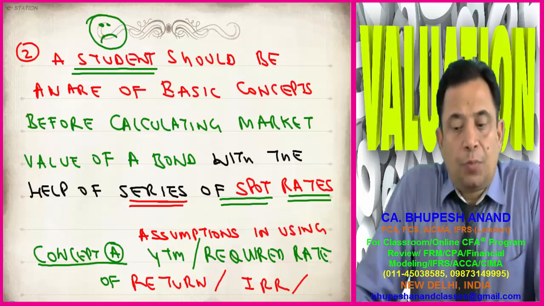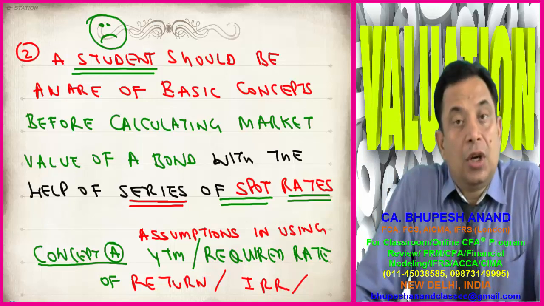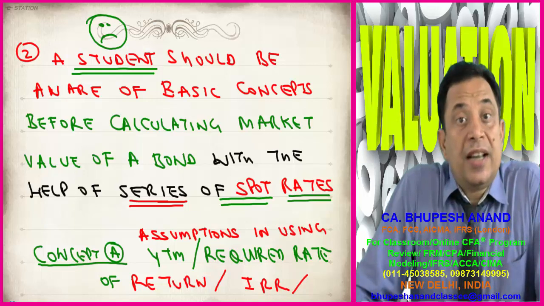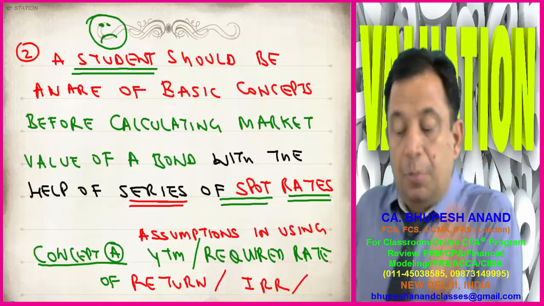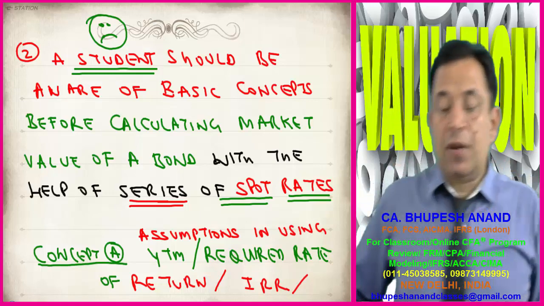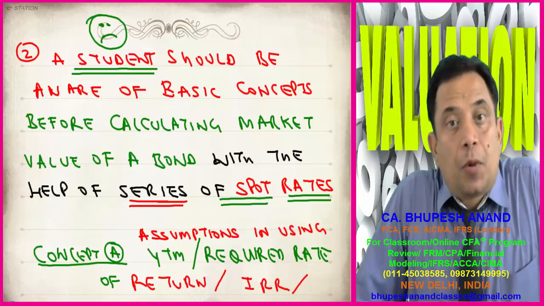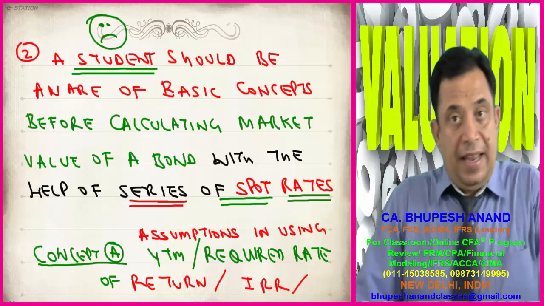Before that, just write down point number 2 first. For understanding spot rates, a student should be aware of some basic concepts before calculating the market value of a bond with the help of spot rates. Now, basic concept number A.